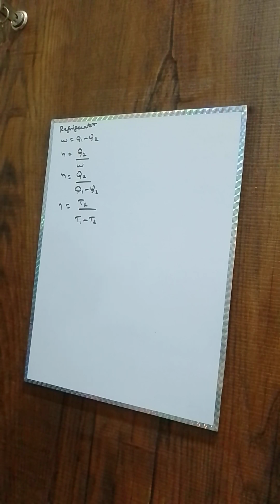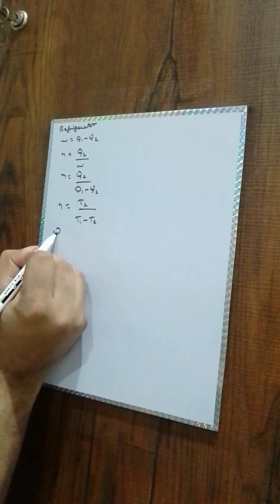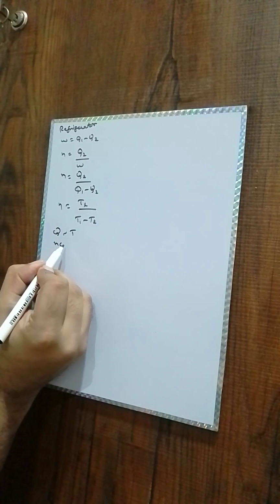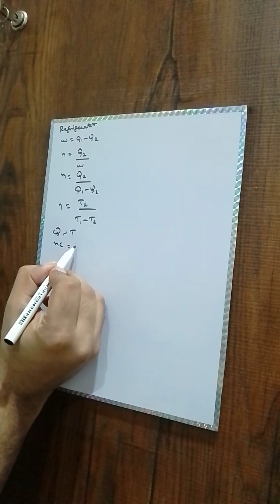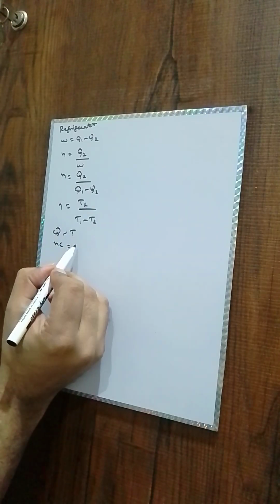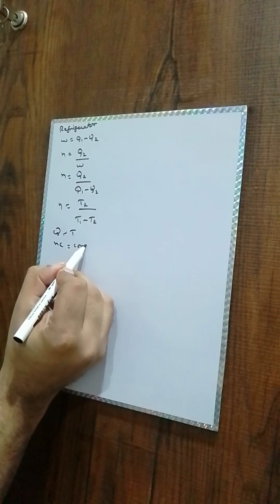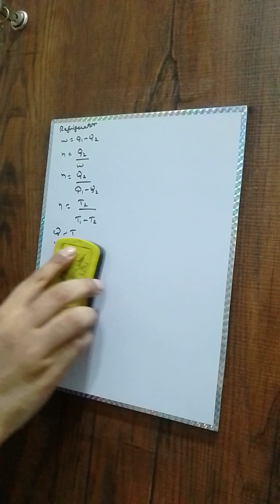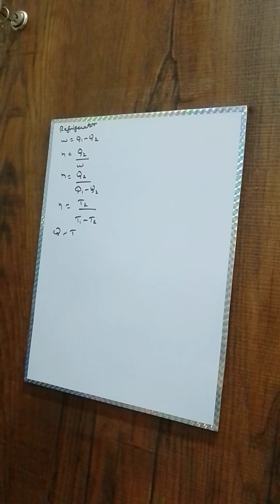This is also writable because we have already approximated Q to be T, because NC is constant. Okay, so we don't go into details.